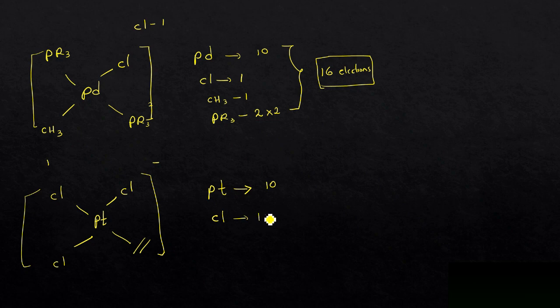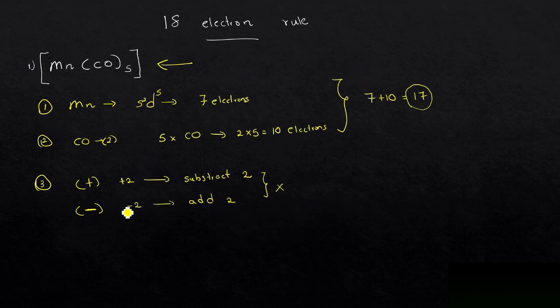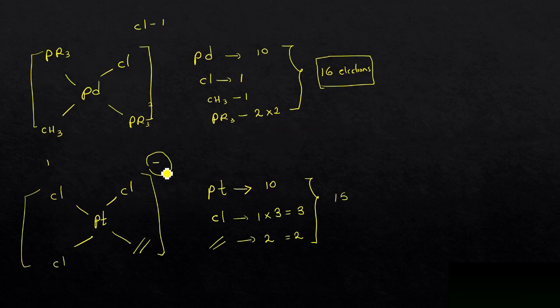Chlorine will give 1 electron, but there are 3 chlorine ligands, which gives 3 electrons in total. And then we have our olefin. Olefin will give you 2 electrons. So the total number of electrons will be 15. But don't forget, there is a charge. Now here's the rule: if there is a minus, then you need to add. Here we have minus 1, which means we have to add 1. We have 16 electrons.